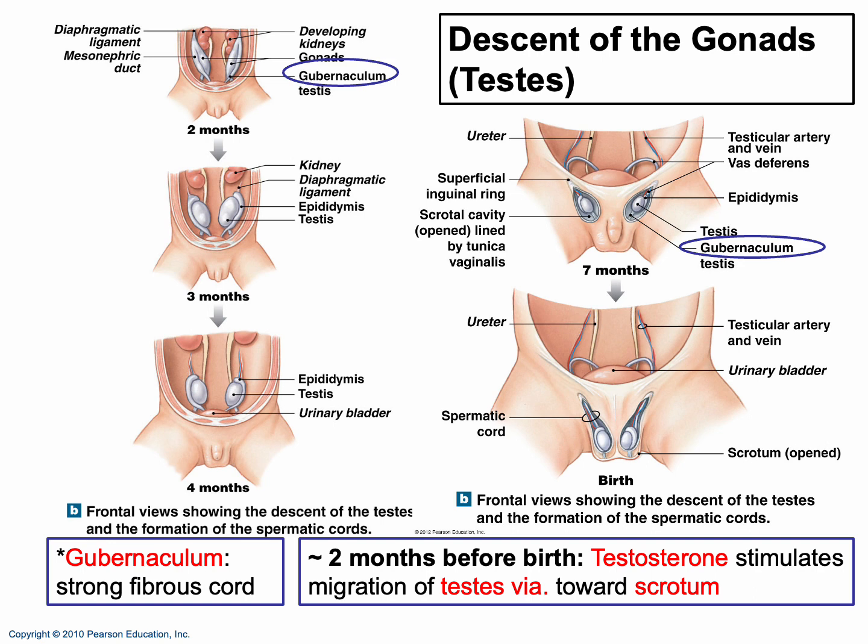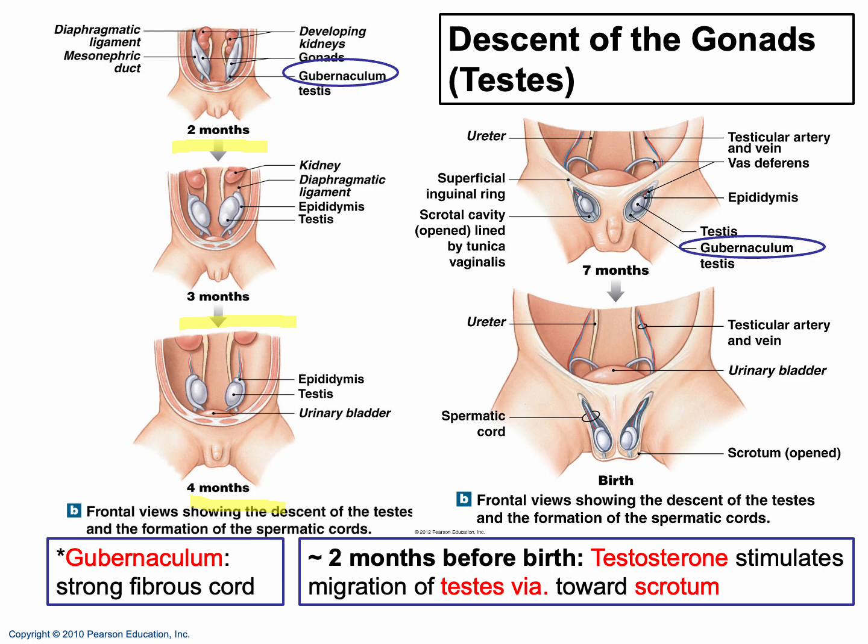So this picture is showing the overall descent of the testes. Because early on during embryonic development, fetal development, the testes are not in the scrotum. They need to descend and move into the scrotum. So early on with development, month 2, 3, 4, etc., the testes start off actually up more towards the kidneys.